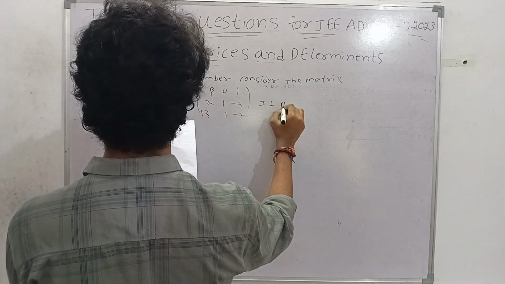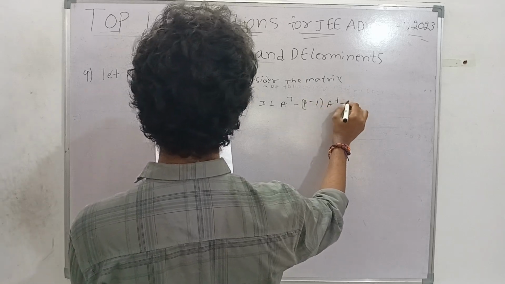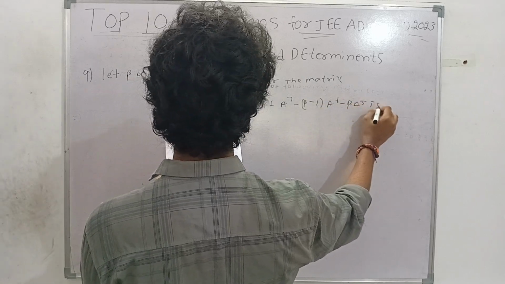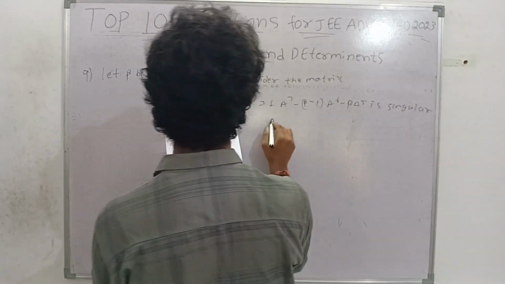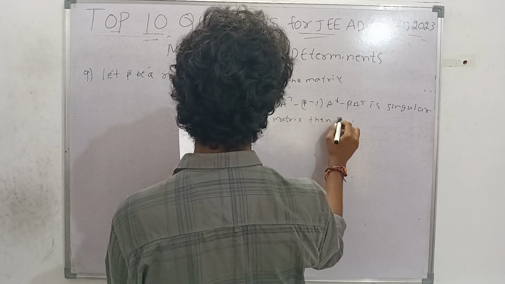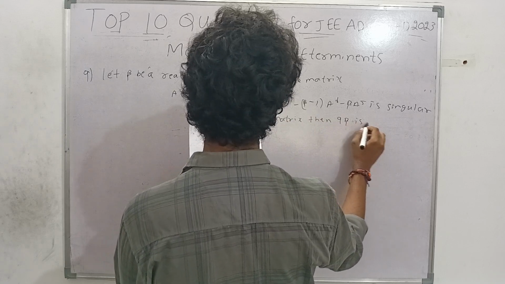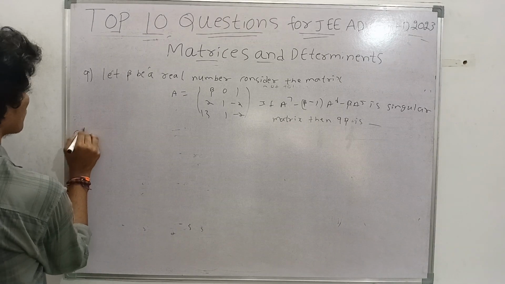And if A power 7 minus beta minus 1 into A power 6 minus beta A power 5 is a singular matrix, then 9 beta is. This question also came in my paper.